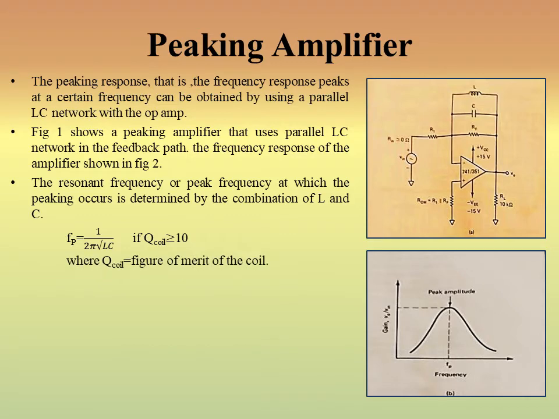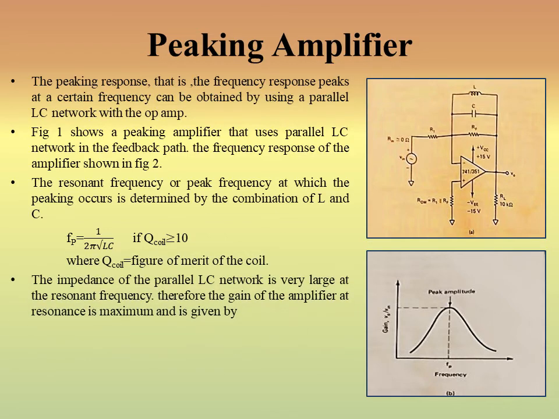Q is the figure of merit of the coil. The impedance of the parallel LC network is very large at the resonant frequency, this we know. So the gain of the amplifier at resonance is maximum and is given by minus RF parallel combination of RP, upon R1. So this is the gain of the amplifier at resonance.